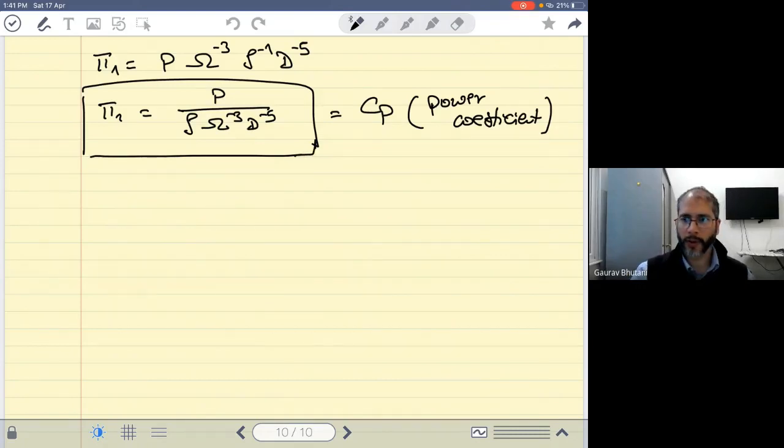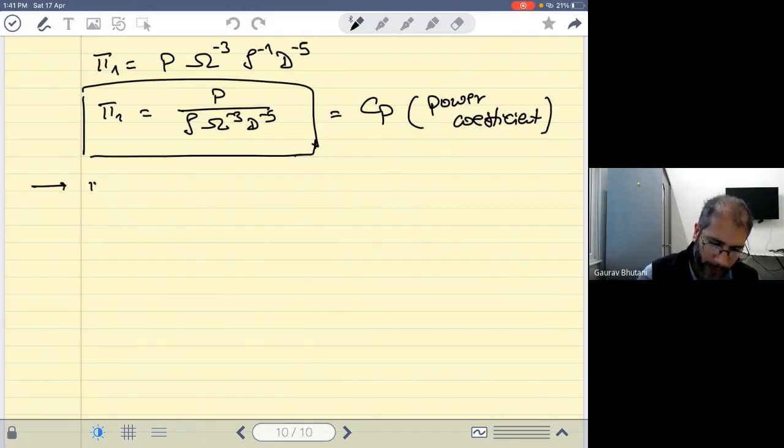We'll see later in this course when we talk briefly about turbo machinery, then we'll talk about these coefficients, and I'll refer to these. So when you work in turbo machinery, you just use the words power coefficient, flow rate coefficient, and so on. Okay, so this is pi 1.